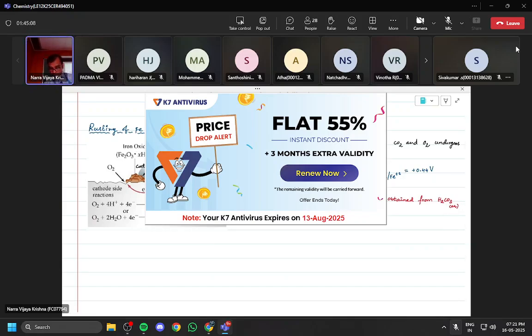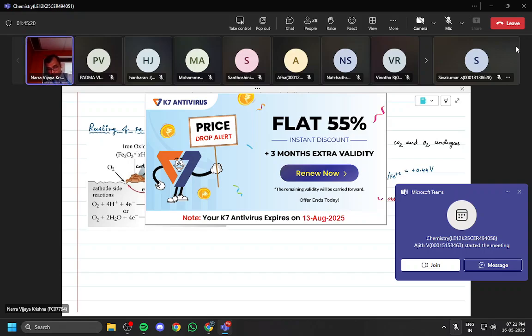Now, these two H plus ions gain electrons to form nascent hydrogen. This hydrogen may combine with atmospheric oxygen to form H2O. Now observe the overall reaction: half O2 plus 2H plus 2 electrons gives rise to H2O.